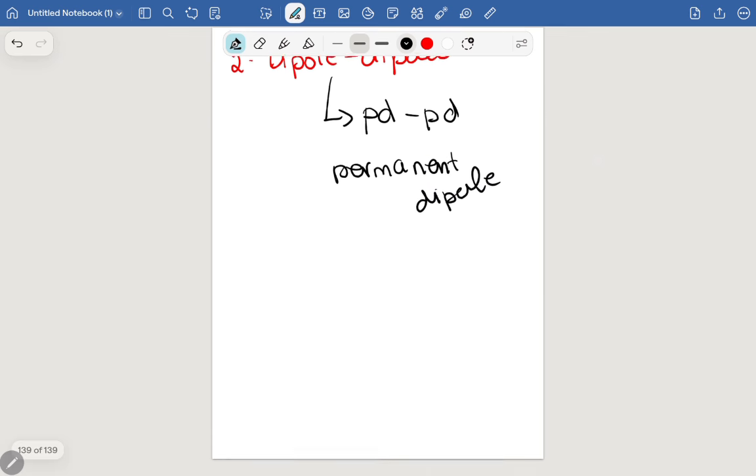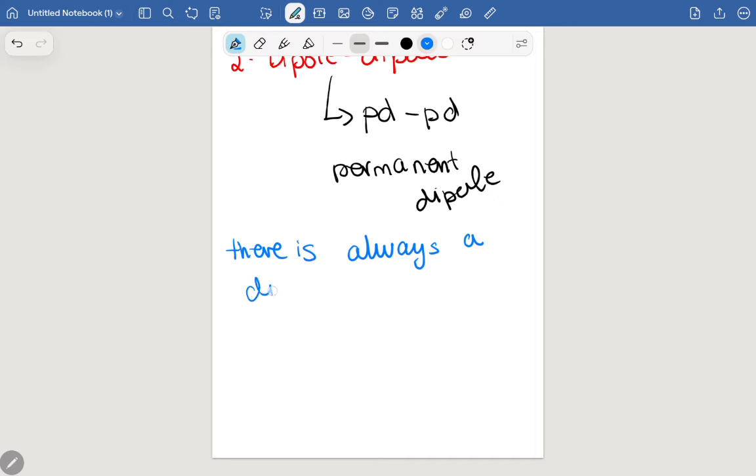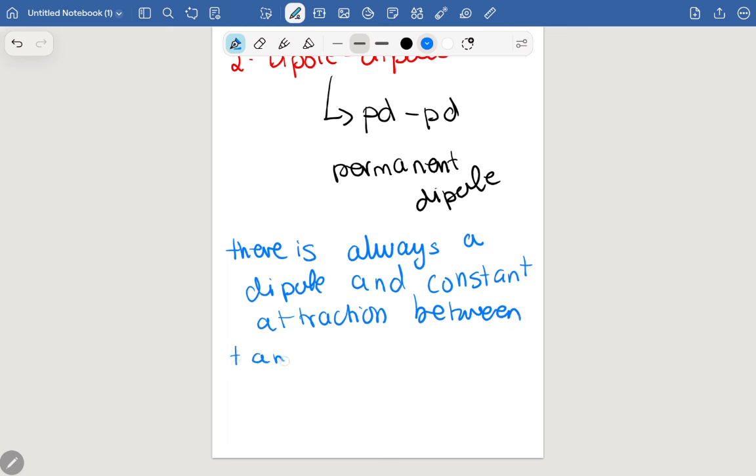Because there's always a dipole and a constant force of attraction between the positive and negative ends of the molecule, okay?